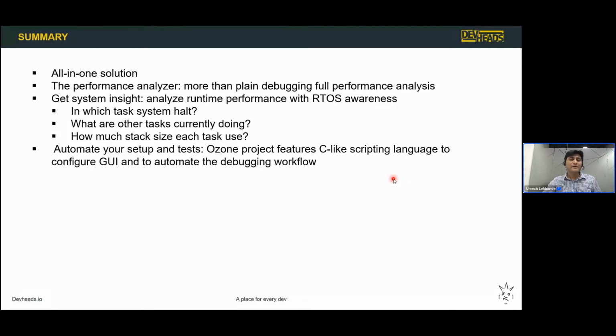Then you can automate your setup, because we talked about it. You have this Ozone project file, which is kind of a C-style scripting file, and you can add a lot of different functions. You can read the Ozone official documentation from SEGGER to get more details, but you can do a lot of great things with the JDebug file by just extending the capability.